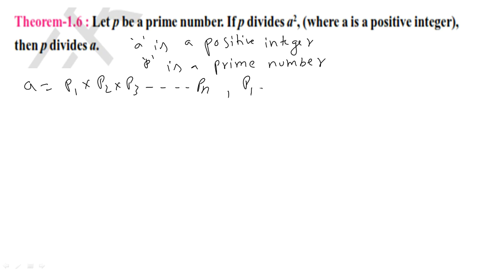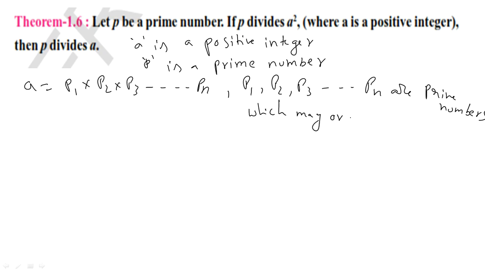Then P1, P2, P3 and so on Pn are prime numbers which may or may not be distinct. So, you know what are prime numbers? 2, 3, 5, 7, 11 are prime numbers, right? So, what do you mean by may or may not be distinct?